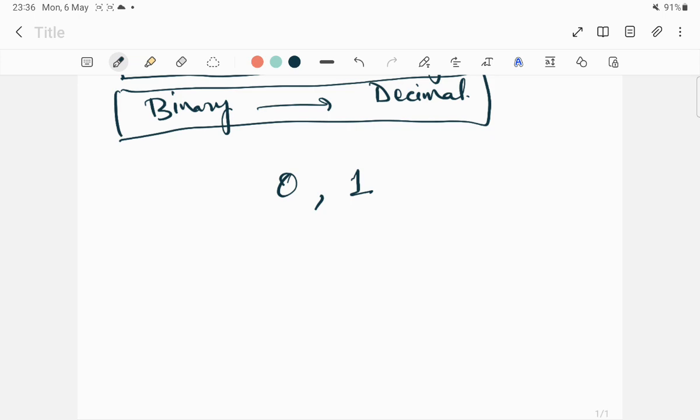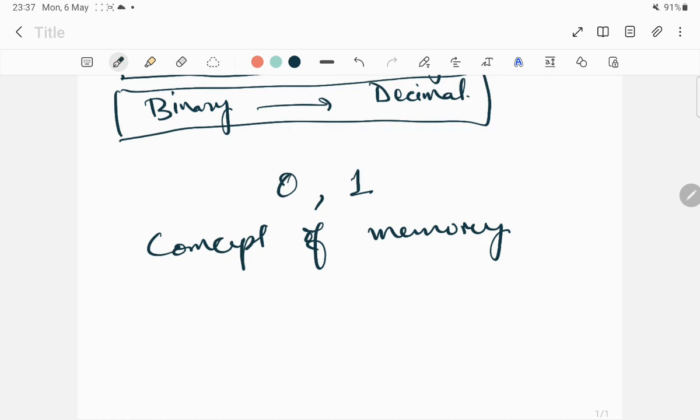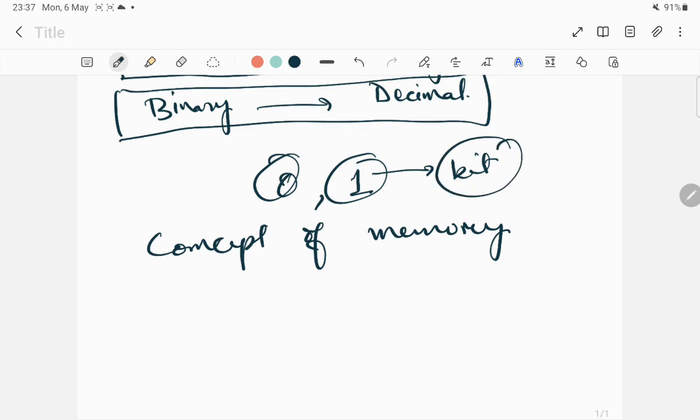Every digit is represented by a bit. A bit is nothing but a unit of memory used by the computer, which is the concept of memory that we will discuss in later videos. What a bit is, and what the larger units of memory are, we will study towards the end of this chapter.